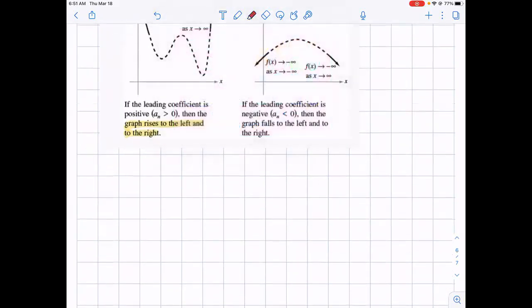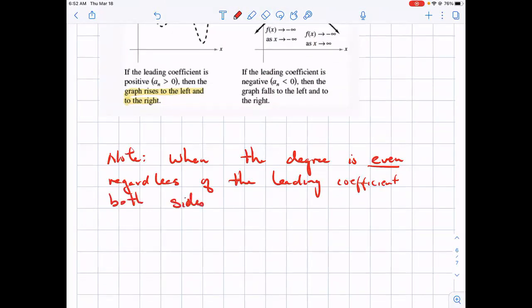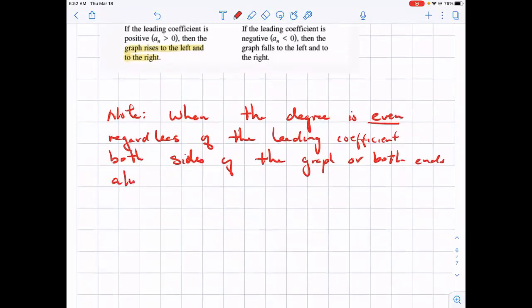So you should note that when the degree is even, regardless of the leading coefficient, both sides of the graph, or both ends, always point in the same direction.